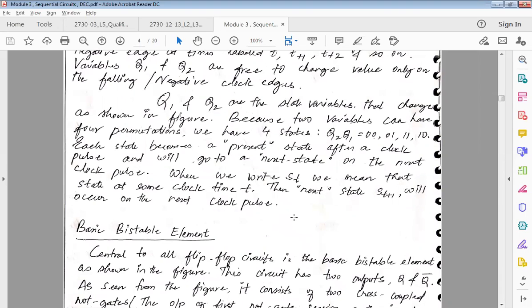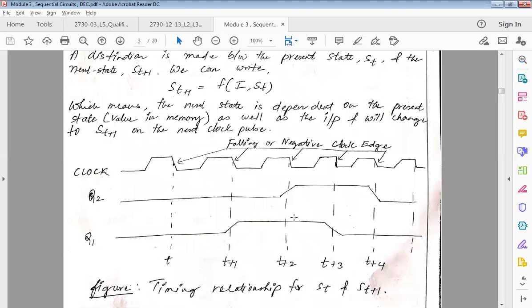So I think now you have understood the concept of present state, next state, state variables, excitation variables, combinational logic, sequential logic, memory elements, right? I hope all these concepts are clear to all of you.